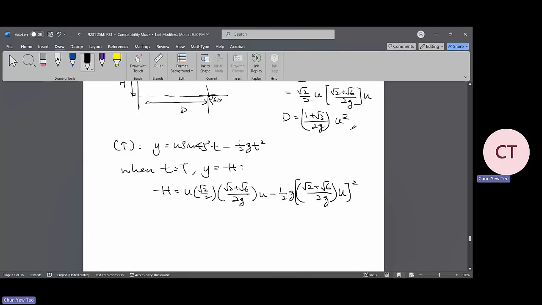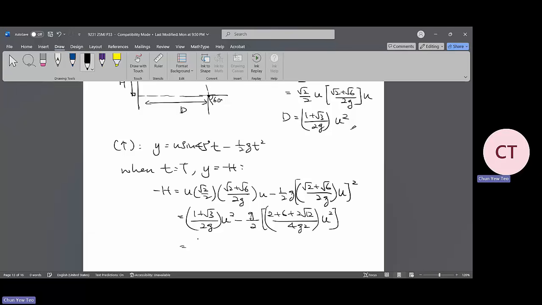So this one we have to be careful. You will get 1 plus √3 over 2g u squared, minus g over 2, which has to be carefully expanded: 2 plus 6 plus 2√12, divided by 4g squared, and u squared.